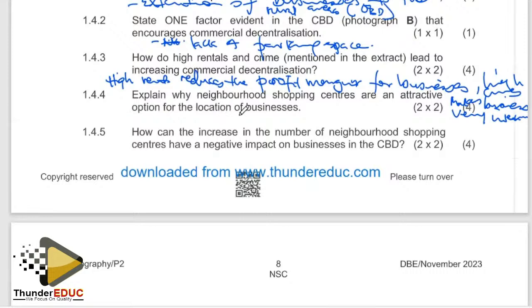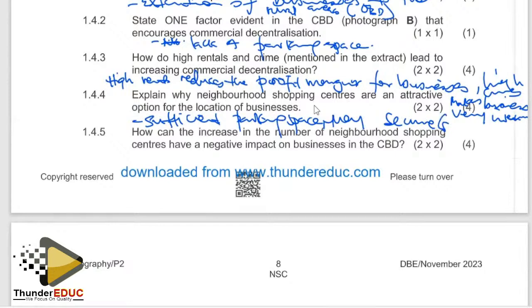Okay, explain why neighborhood shopping centers are attractive options for the location of businesses. Why are they attractive options? They're attractive options because they have got sufficient parking space. Also, we can say it's an option because they are safe, they are secure.